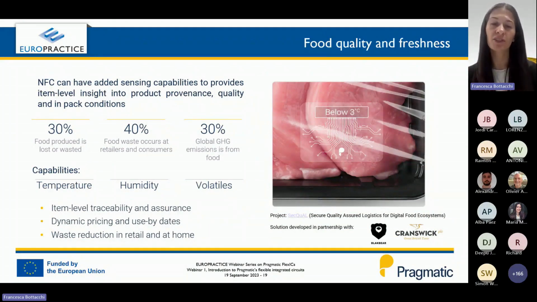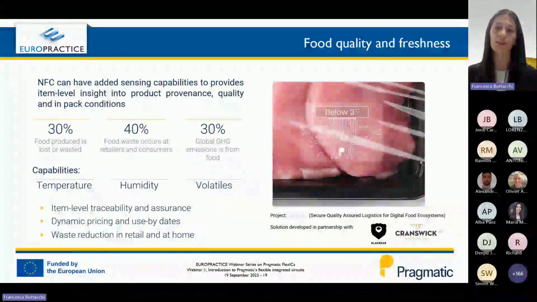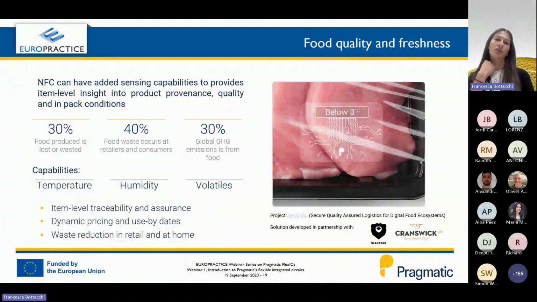You can add a temperature sensor, a humidity sensor, or even some gas sensor, like a CO2 sensor, for example. Can all be integrated into the same circuit with the FlexIC. And you can use this to give insight into the provenance of a product, of a food in this case, its quality and its packing condition.